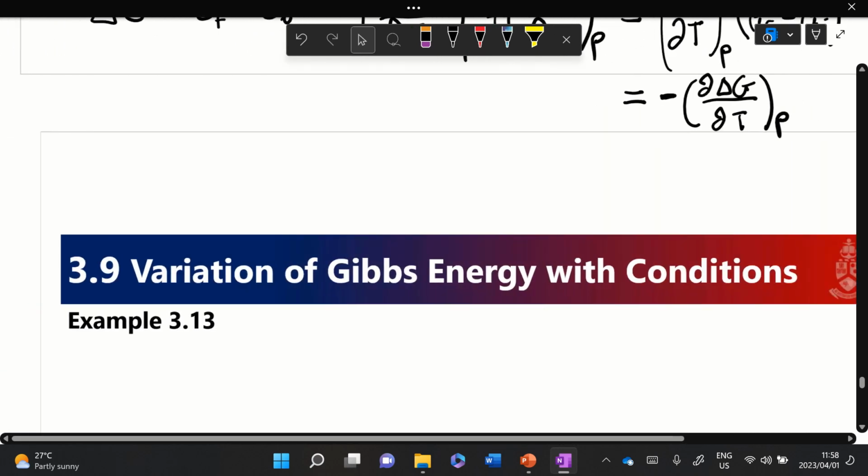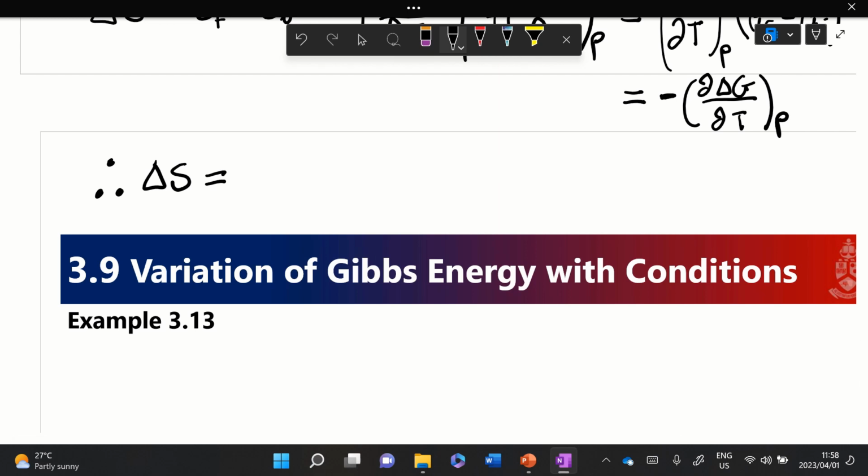So let me do this on a new line. In other words, delta S is equal to minus d dt. I'm just going to drop the P for now because it's irrelevant. Then you plug in your delta G function. So what is the derivative of a number?